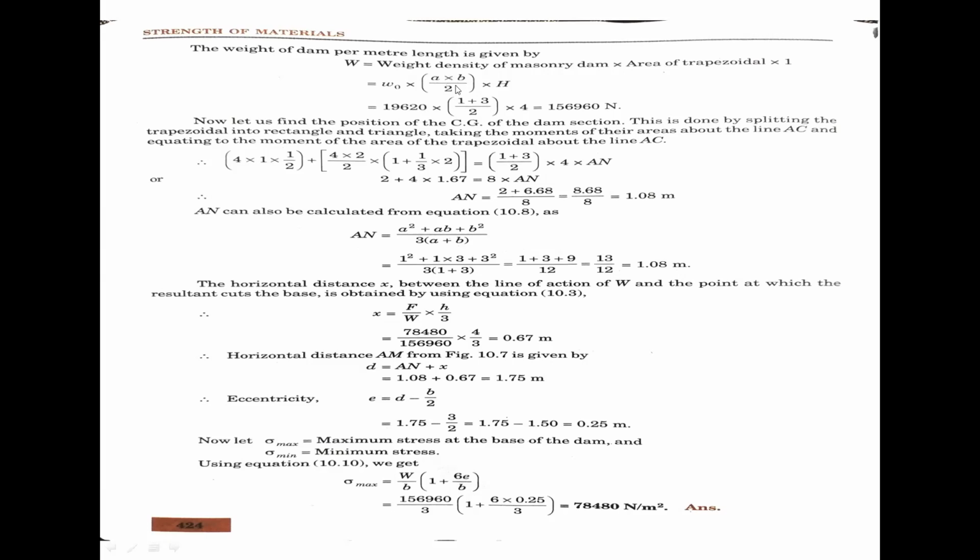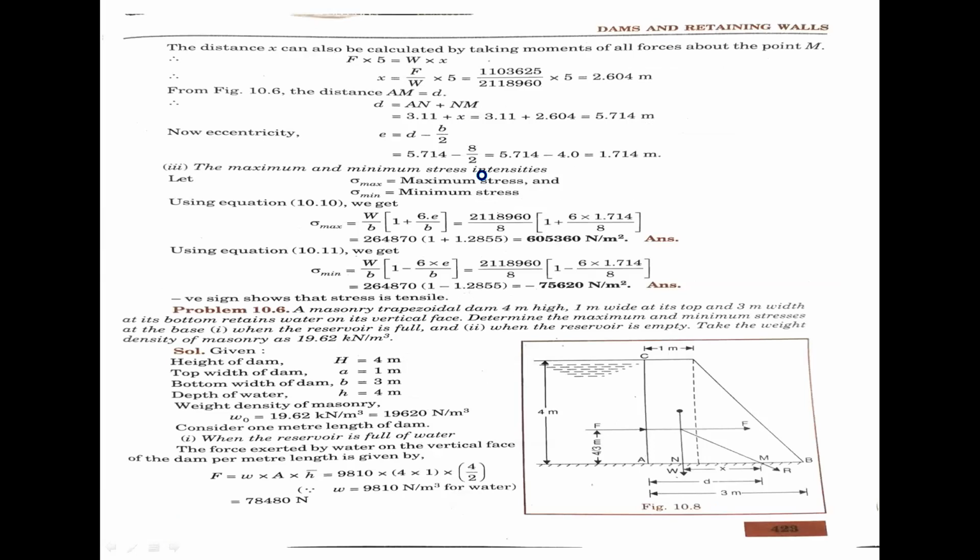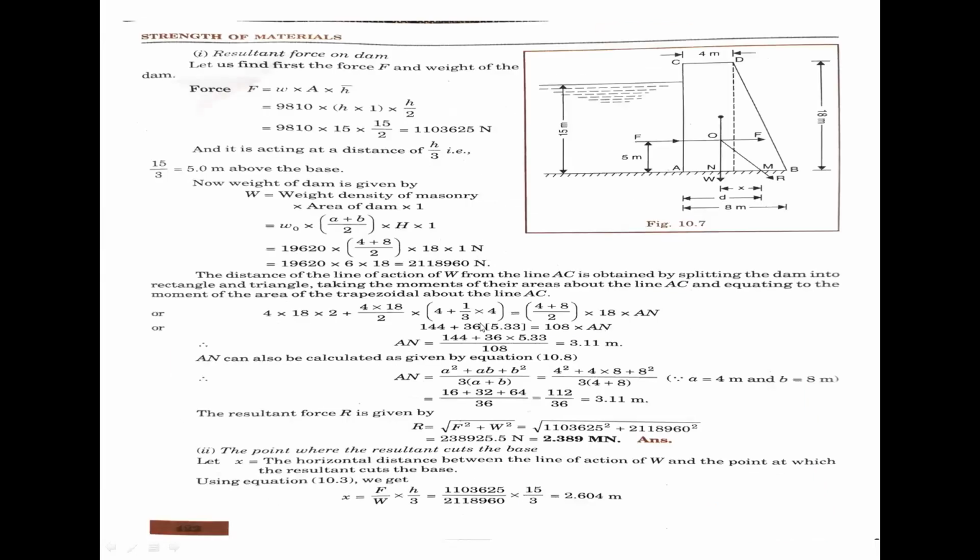I have to make a small correction here. This formula will be wrong; it is A plus B by 2. Now again I will explain that problem. The weight density of the masonry, area of dam into 1, W naught into A plus B by 2 into H. That is the right formula.